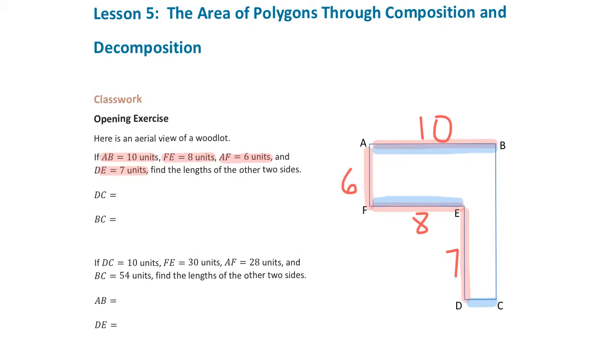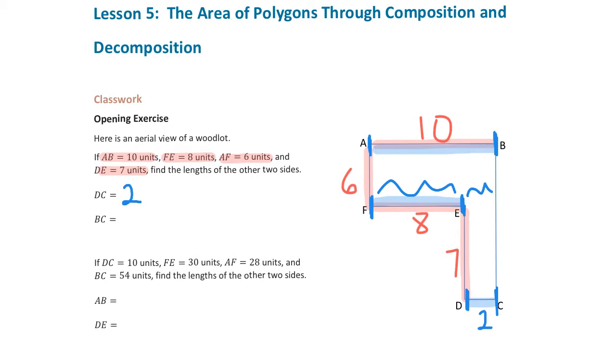So what I can see by looking at the picture is that this section of 8 plus this section right here that I don't know have to add up to 10. Because when I put this piece together with this piece, I have that total distance. So 8 plus what equals 10? And that is 2.